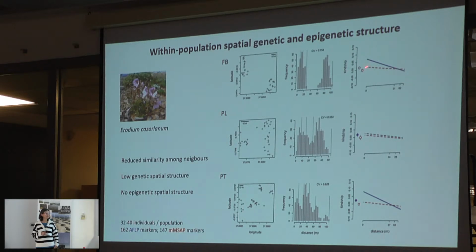So for neighbor plants, in some cases, the genetic relationship was random, not different from the random expectation. And in some cases, there was no linear relationship with space. And the genetic spatial structure was less steep than in the previous species. And in none of the populations we could find a spatial structure of epigenetic variability.